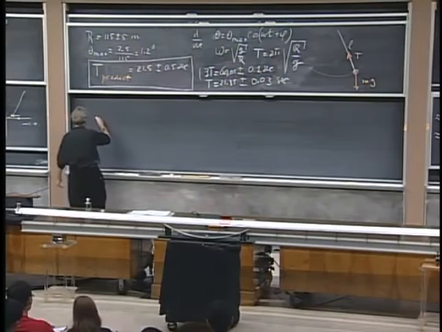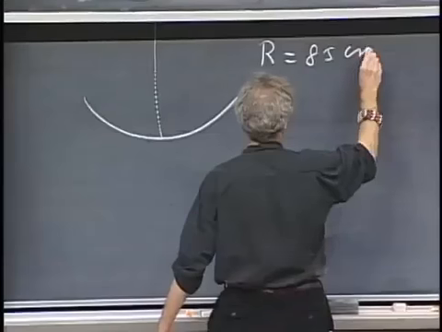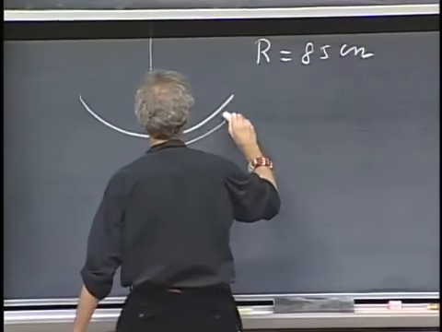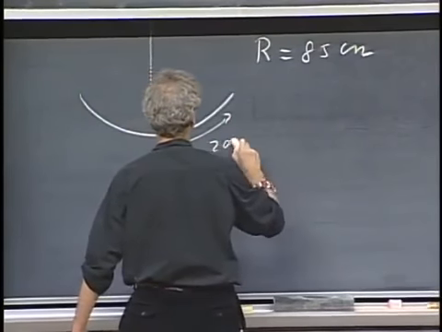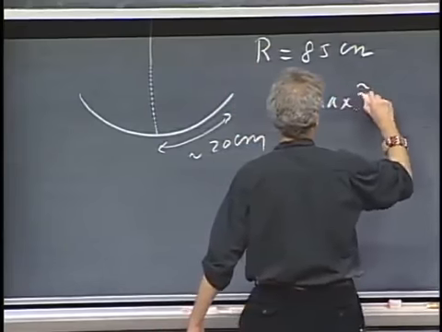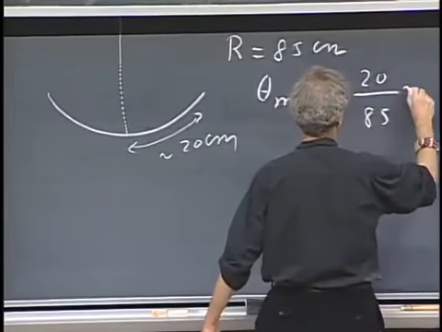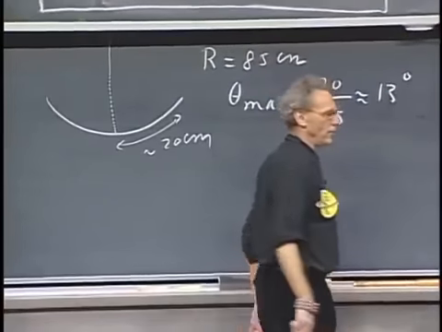So R equals 85 centimeters, and this here is approximately 20 centimeters, so theta maximum is roughly 20 divided by 85, and that is something like 13 degrees.